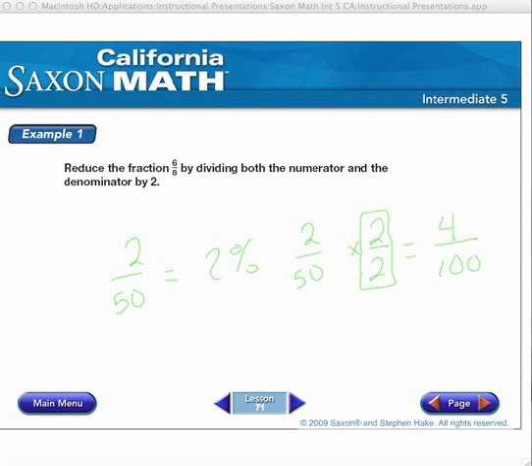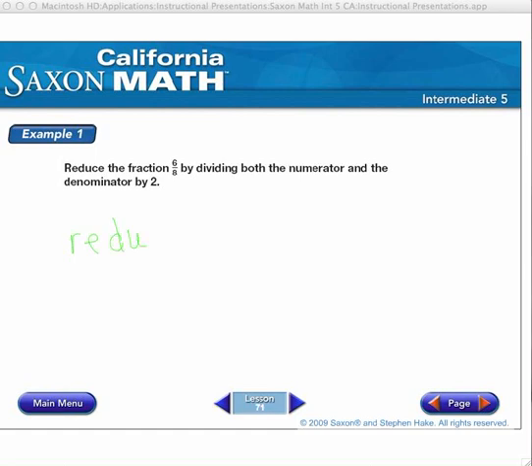When I'm reducing a fraction, I can do the same thing, but instead of multiplying, I'm going to divide. So reducing a fraction has several names that we call it, okay? We call it reducing. We call it putting a fraction into simplest form.